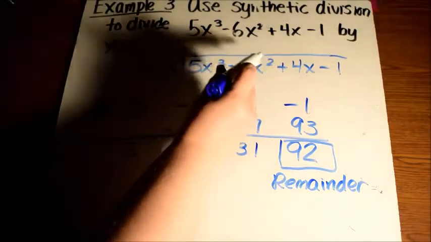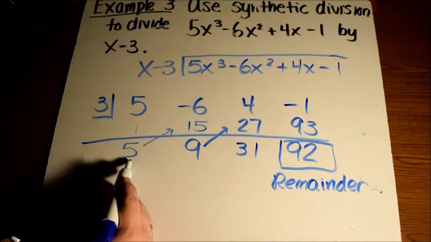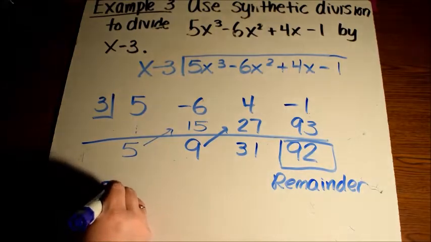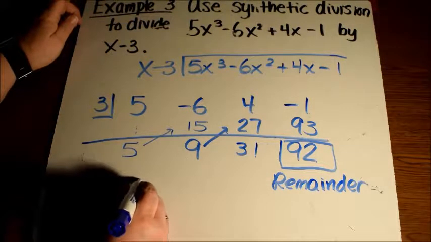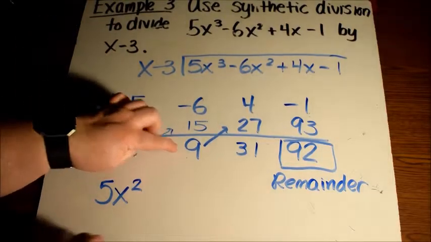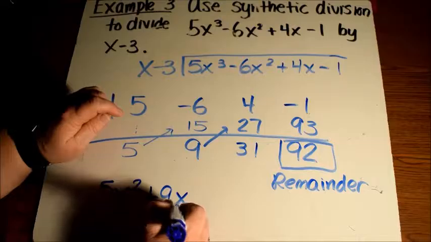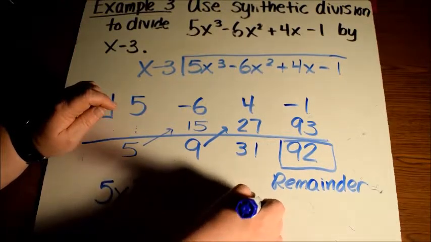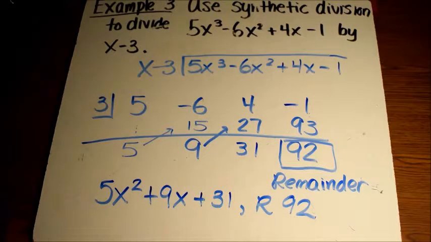We're going to subtract 1 from the exponent in each case. So now our new polynomial after we divide by this is 5x squared instead of cubed, and then plus 9x plus 31 with a remainder of 92.